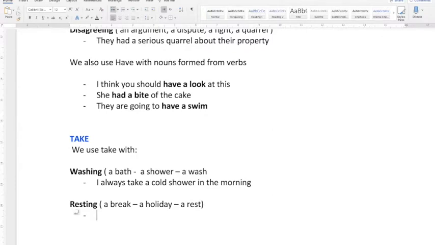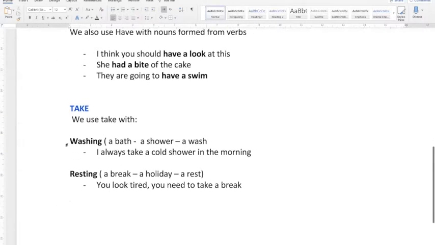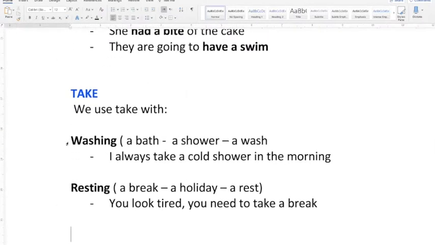As an example, we can say, you look tired. You need to take a break. So that's it, people. The use of the delexical verb take is for washing or for resting.